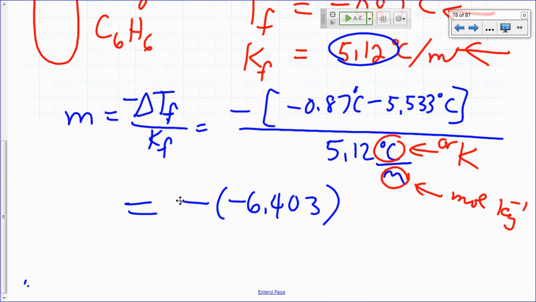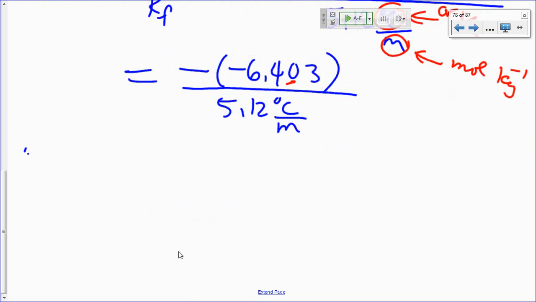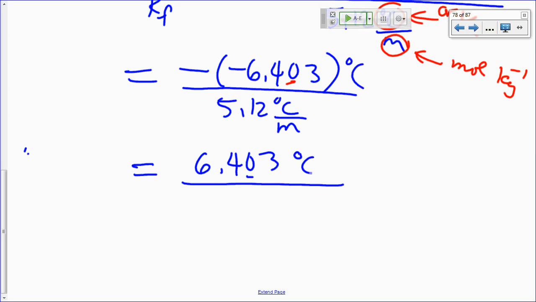How many sig figs should I have here? This is addition and subtraction, so I have to stop at the second decimal place. This is my last sig fig here, divided by 5.12 degrees Celsius per molality. That's positive, so 6.403 degrees Celsius over 5.12 degrees Celsius per molality.